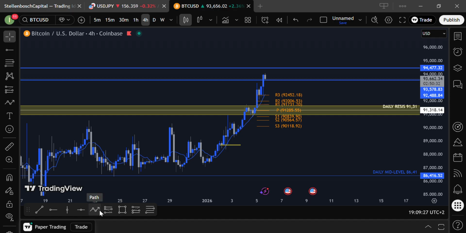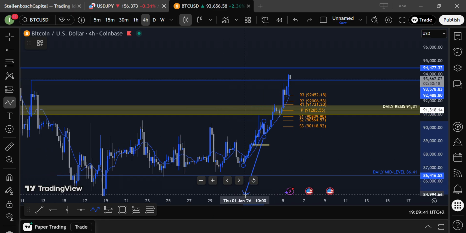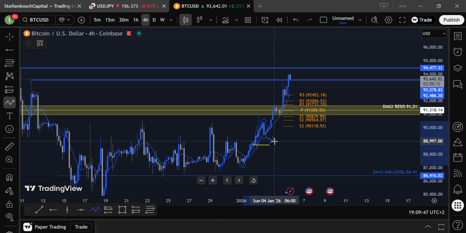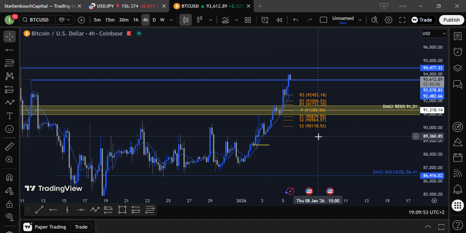The moment price gives you this pause, this is where you can enter. Maybe you buy and put your stop loss below right over there, and then you just let price go in your favor. Maybe you target that high. Who knows? Then you just let price go your way, and that's it.